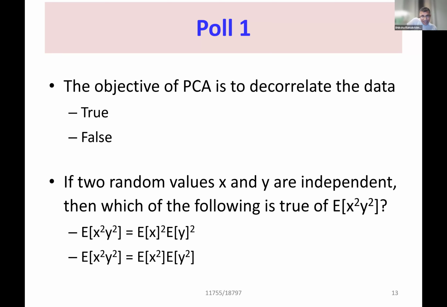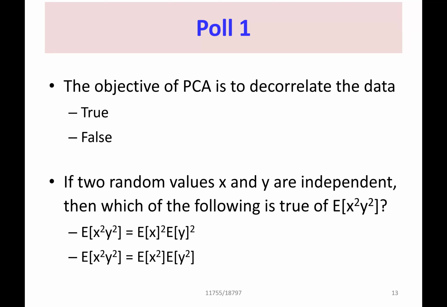Okay, 10 seconds, guys. Right, let me end the poll. So what do you guys think the answer is? What is the answer to the first question? The objective of PCA is to decorrelate the data. Is that true or false? True or false, guys?